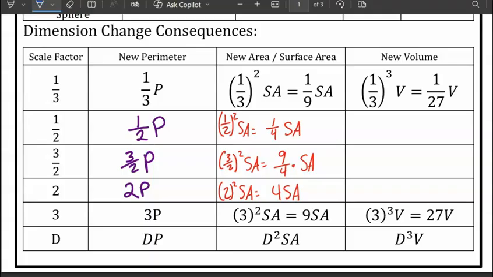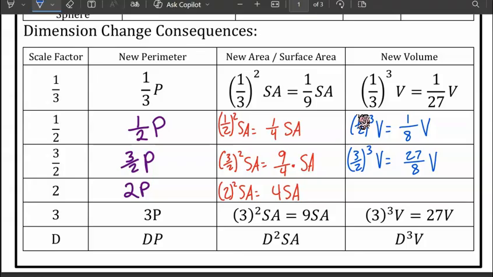For volume, this time we're going to cube the scale factor. With the scale factor of 1/2, it would now be 1/8 of that original volume. For 3/2, that would be 27/8 times the original volume.